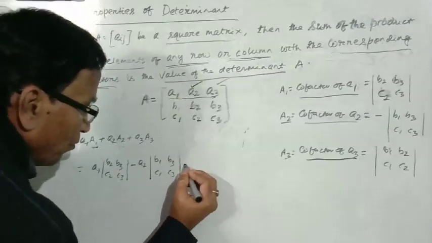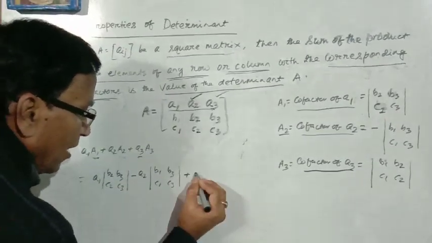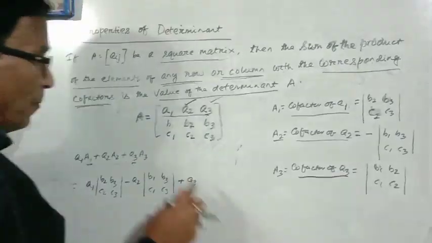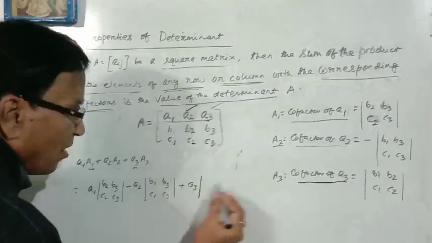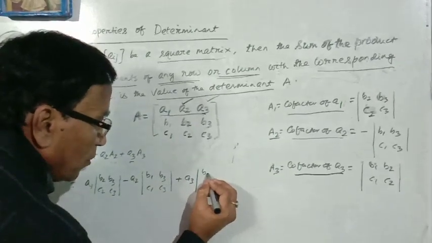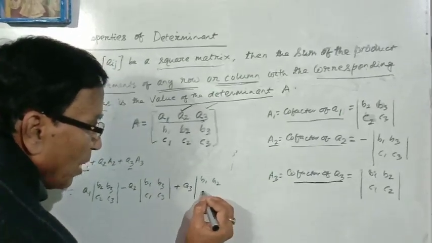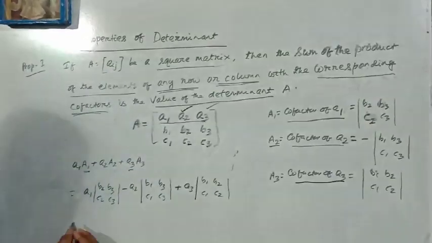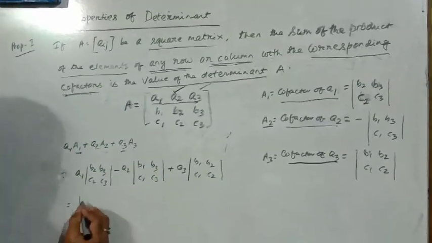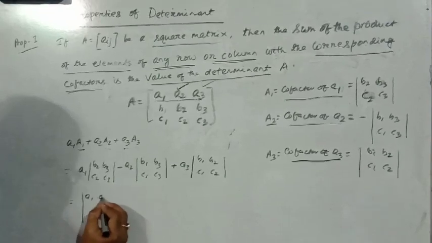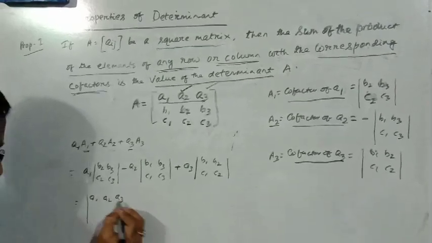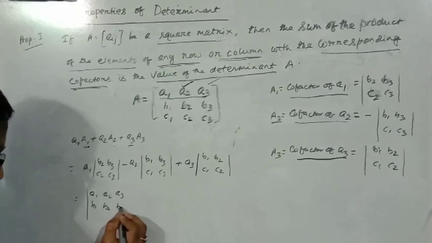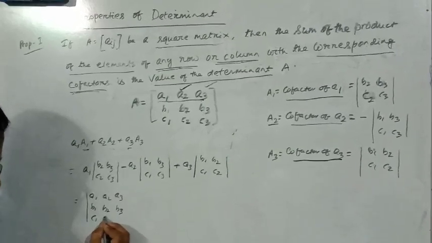So plus a3 into capital A3, the cofactor of small a3, that is equal to how much? That is the determinant of b1, b2, c1, c2. So it is nothing but the determinant of a1, a2, a3, b1, b2, b3, c1, c2, c3.